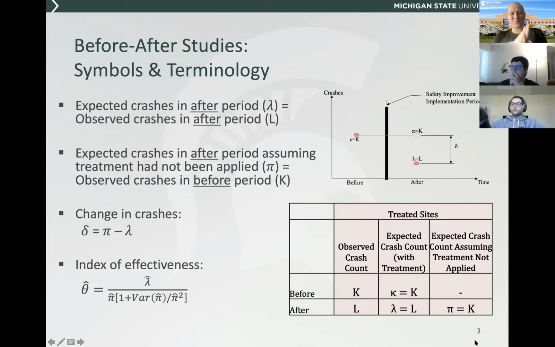One of the frustrations when we get into some of these before-and-after and empirical Bayes studies is that there are several different sets of nomenclature, with alternate symbols and nomenclature for the same things, as we compare the Highway Safety Manual to the foundational research you'd find in the peer-reviewed literature. I'm trying to bring those in line with one another, but I don't have a great solution yet.